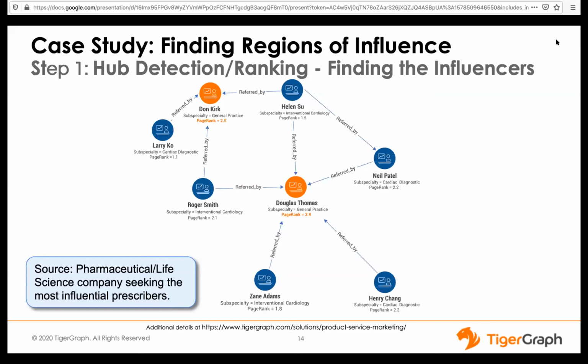In this case, what we're looking at is prescribers in a medical practice. When you have generalists and specialists, we're looking for who are the specialists that are the most influential. And what you have are referral relationships from general practitioners to those specialists. And then, of course, you have people just serving patients.